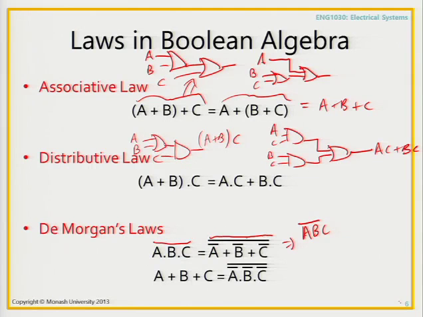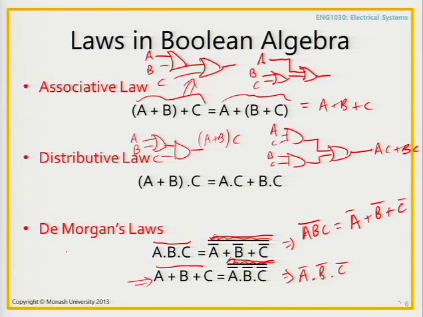So you take a double NOT, then this equals not A plus not B plus not C. There's a similar result for if we look at OR gates. So if I take A or B or C, and I take a NOT on both sides, so these two NOTs cancel, then you get not A times not B times not C.